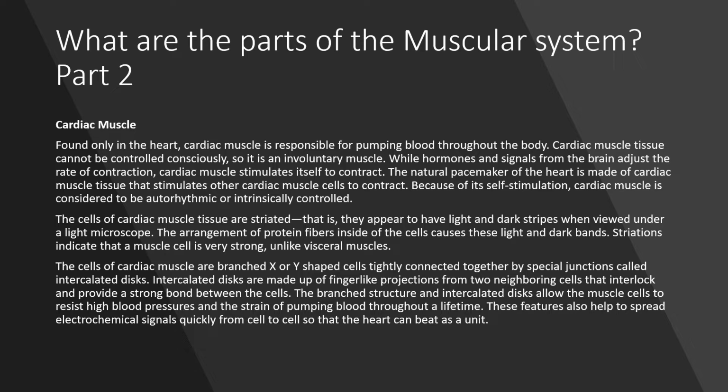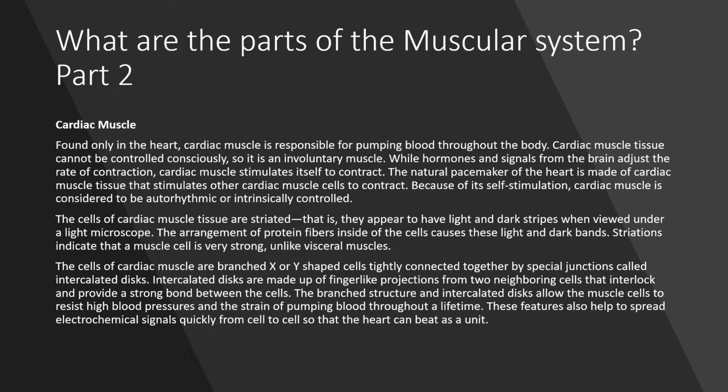The cells of cardiac muscle tissue are striated, that is, they appear to have light and dark stripes when viewed under a light microscope. The arrangement of protein fibers inside of the cell causes these light and dark bands. Striations indicate that a muscle cell is very strong, unlike visceral muscles.